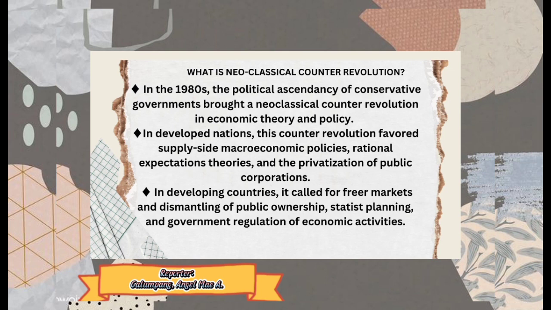In the developed nations, this counter-revolution favored supply-side macroeconomic policies, rational expectations theories, and the privatization of public corporations, while in the developing countries, it called for freer markets and the dismantling of public ownership, statist planning, and government regulation of economic activities.